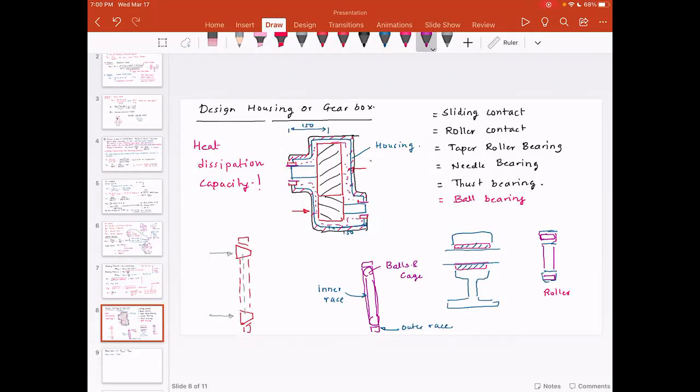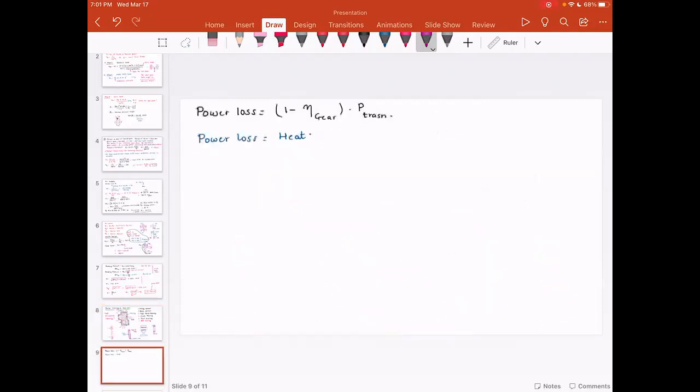And what happens is this oil heats up, comes in contact with the housing, and from the housing, the heat is actually radiated, or we can use forced convection or free convection. So you have heat that is sent out to atmosphere.